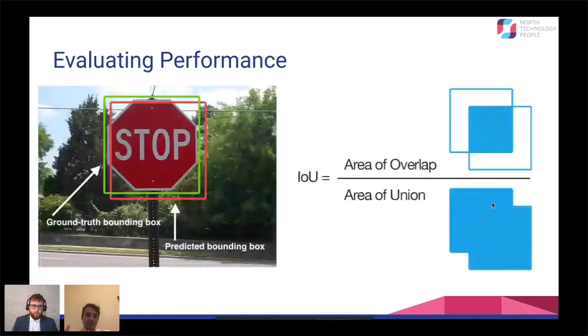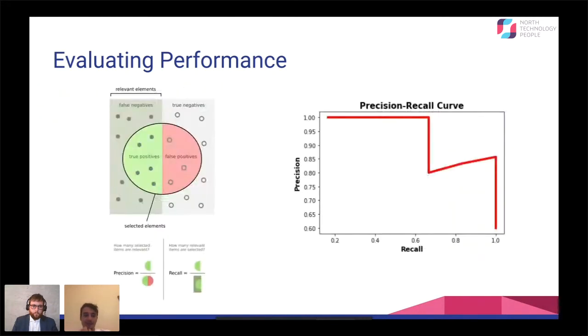So with each of these predictions, we can aggregate using mean average precision, which is ultimately what object detection systems report if you read any of the academic papers. And that's basically looking at each prediction and each ground truth bounding box.